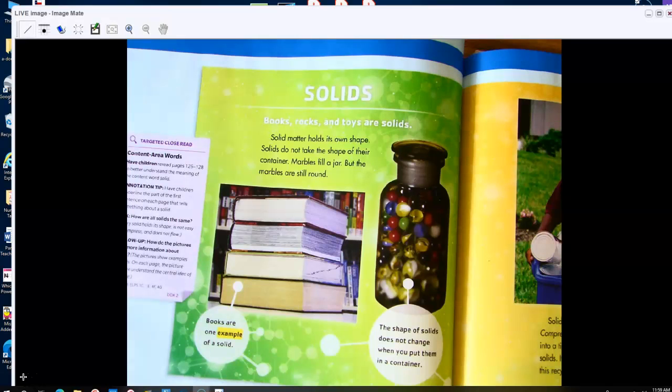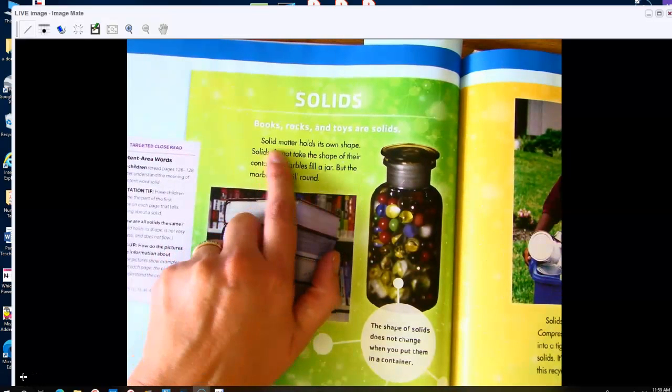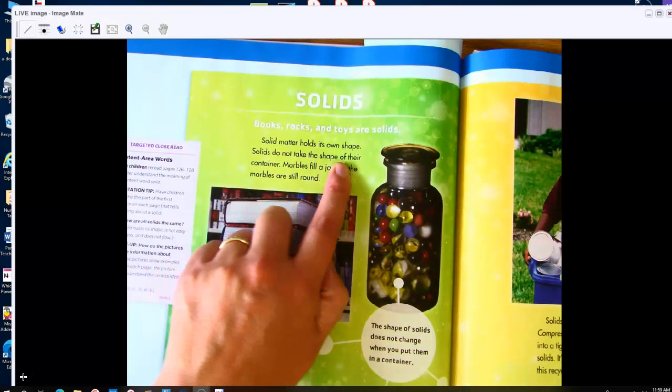Okay, does it say that on there? I want you to use something that the book tells me. Because this is where I'm understanding what it means by what the book tells me. Kate? It says it holds its own shape. Right. So let's underline that sentence. Get your pencil and underline that sentence. Solid matter holds its own shape.